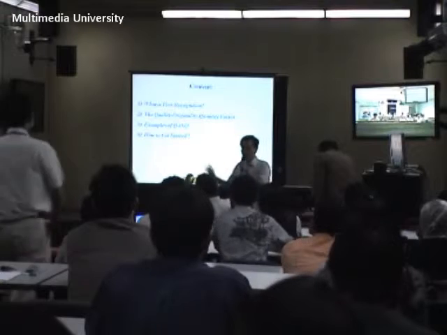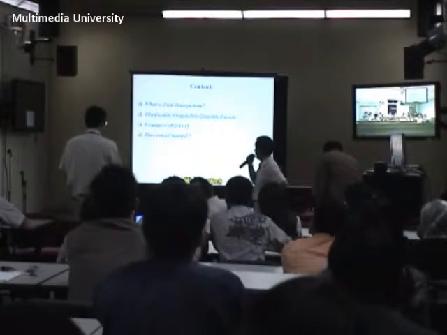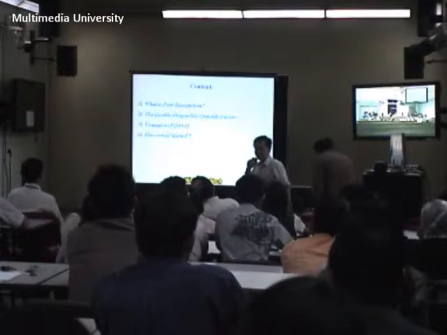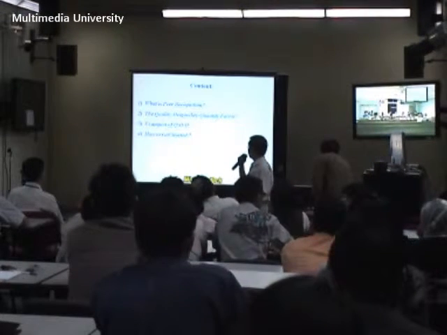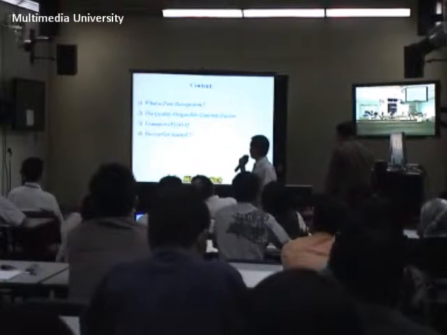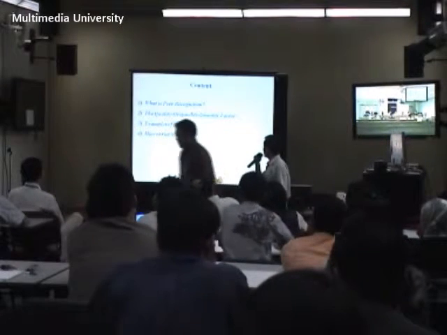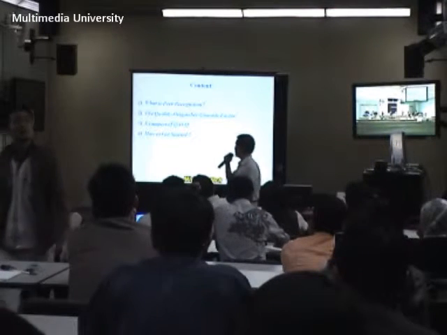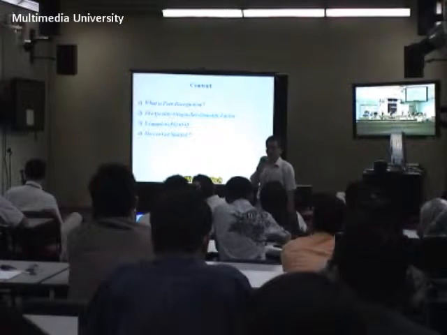Okay, this is the quick contents of my talk. Only 4 sections. First of all, I will tell you very briefly what I mean by peer recognition. And then I will introduce to you what I believe is important, the so-called QOQ factor: quality, originality, and quantity.